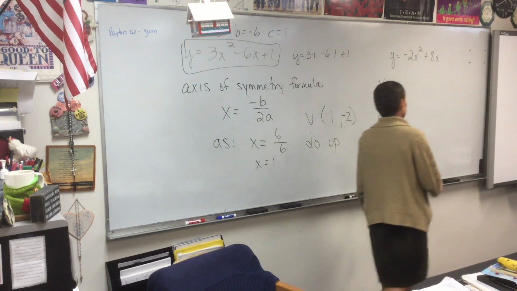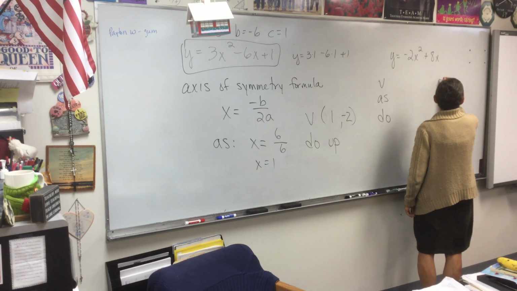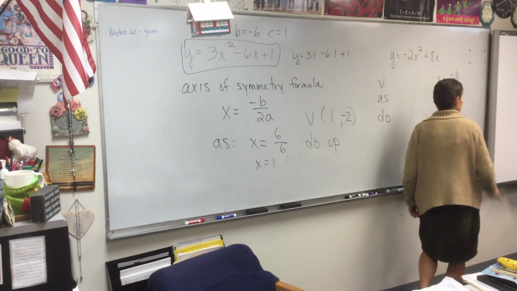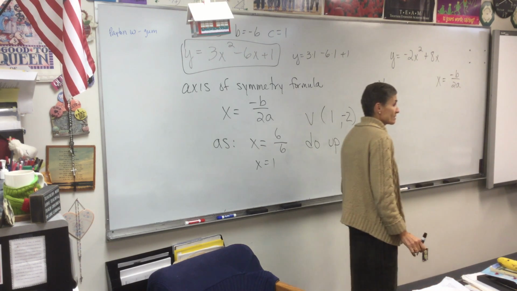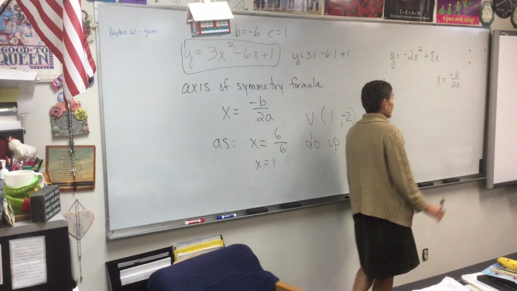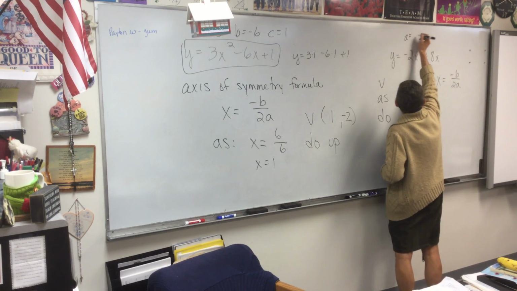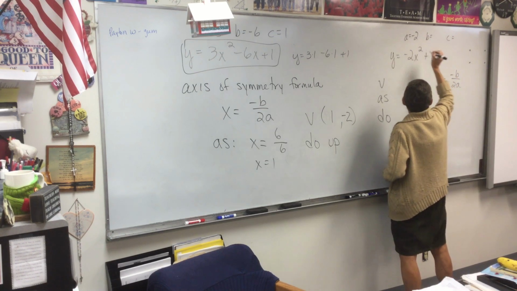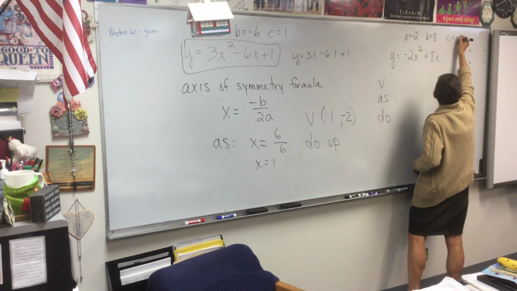So, Clayton, you remember the formula? x equals negative b over 2a. That's exactly right. That gives me my axis of symmetry. So what are my a, b, and c in this problem? Negative 2, positive 8, and 0.